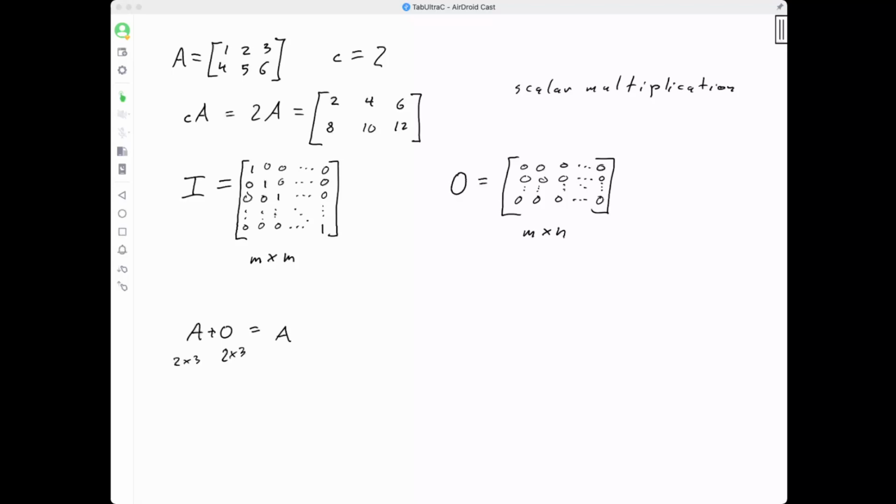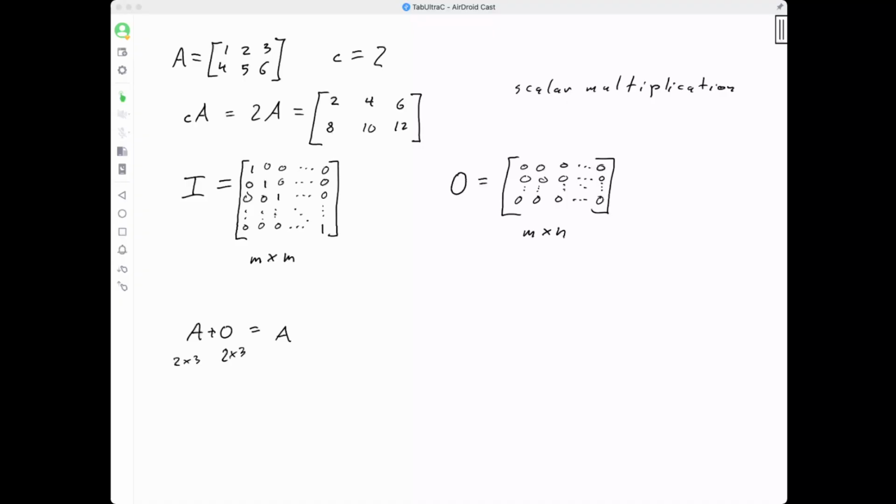So this is how we use these two matrices, the identity matrix and the zero matrix. And if we're thinking about what role these play, if you're comparing matrices to numbers, the zero matrix is kind of like the number 0, and the identity matrix is kind of like the number 1.